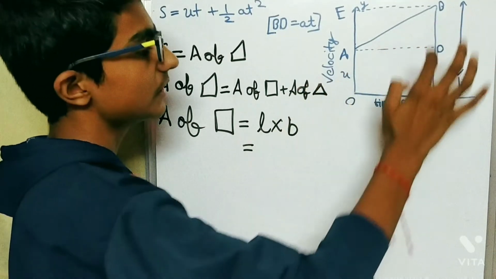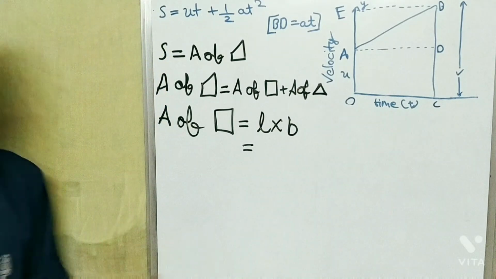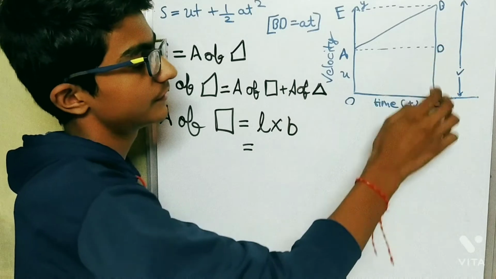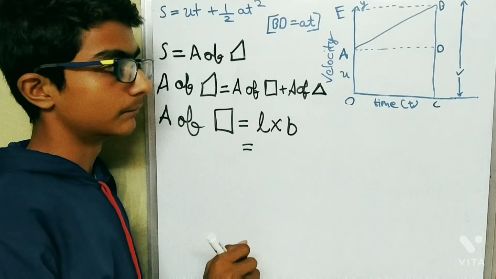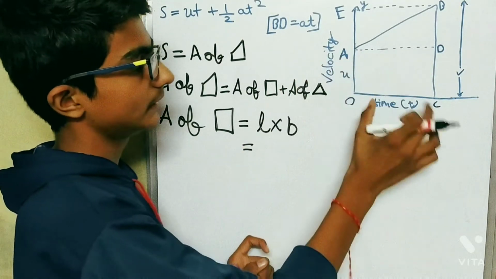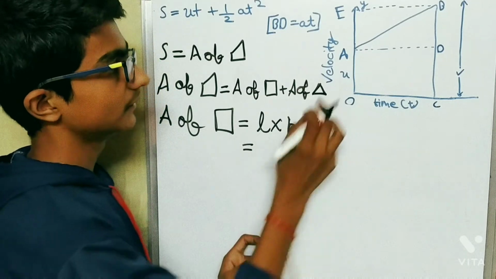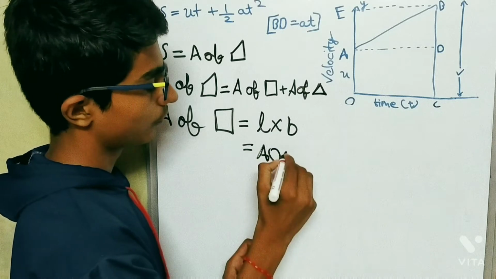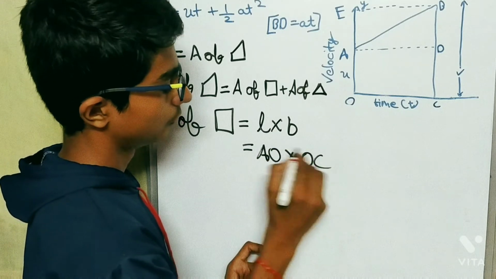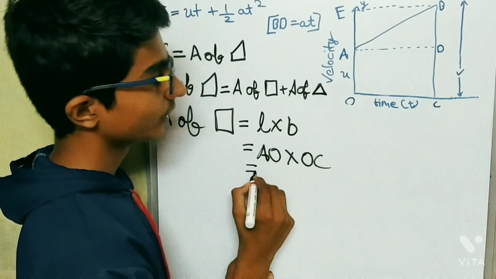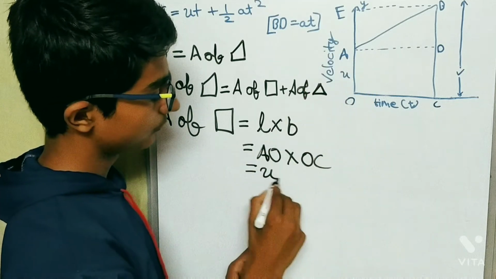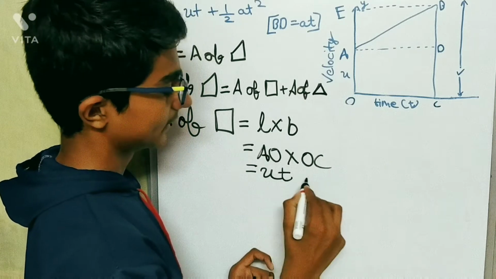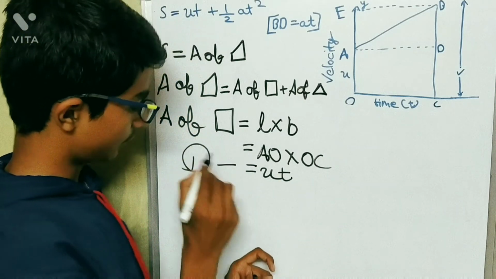See, ABCO is a parallelogram. So here we are going to take the length and breadth. This is the length, this will be the breadth: AO into OC. Here AO is u and OC is t, so ut.